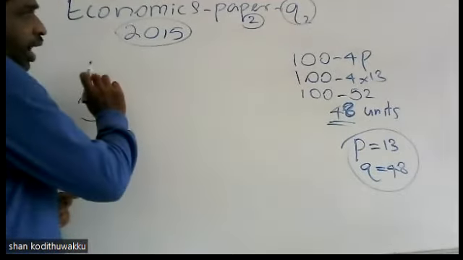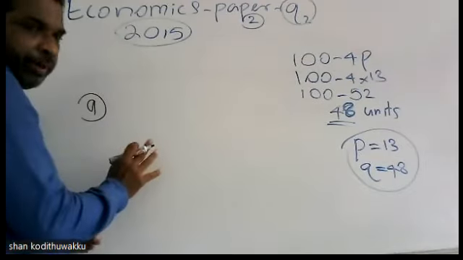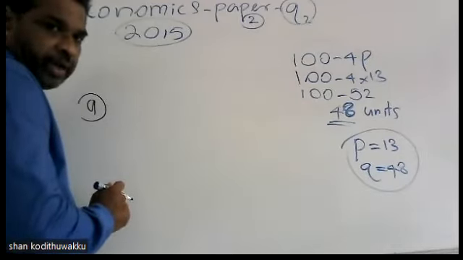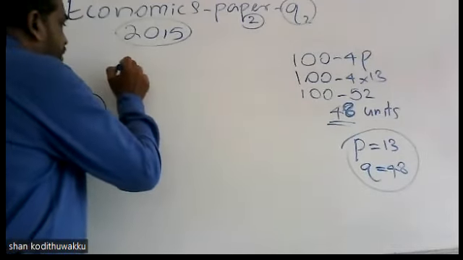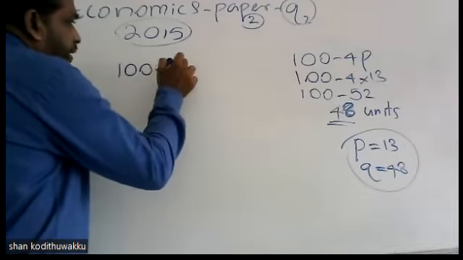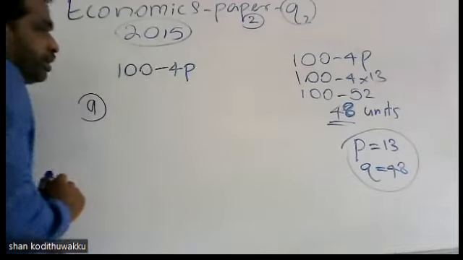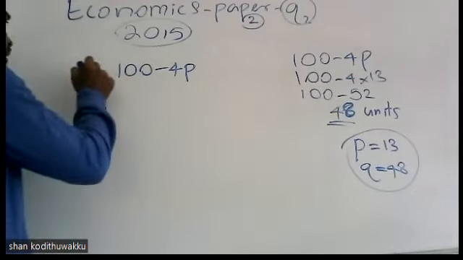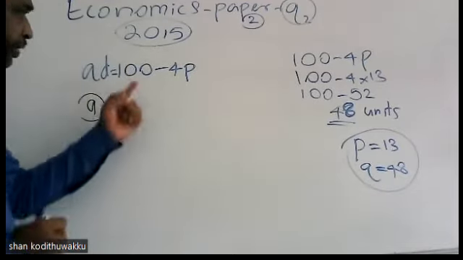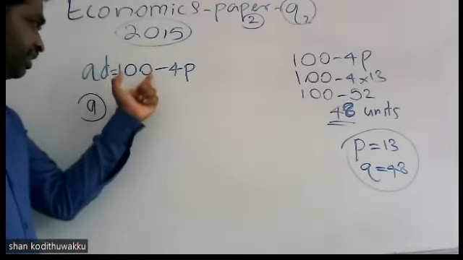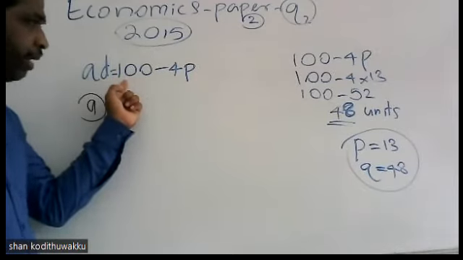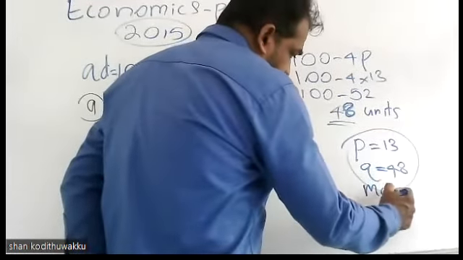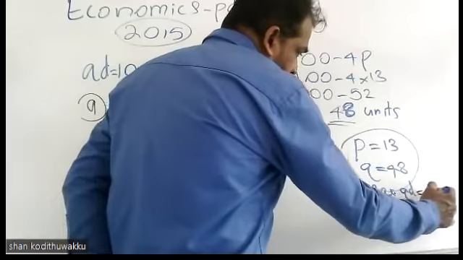Here, you have to find maximum price and minimum price, maximum quantity demanded and supplied. If you take the demand equation, QD equal 100 minus 4p, the 100 is the maximum quantity demanded. Therefore, maximum QD equal 100.